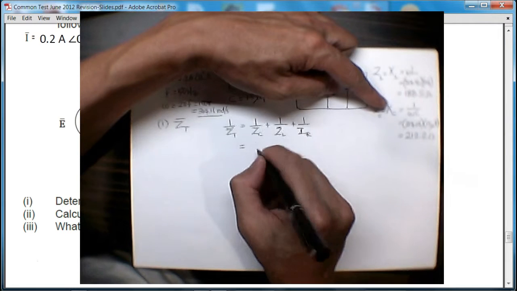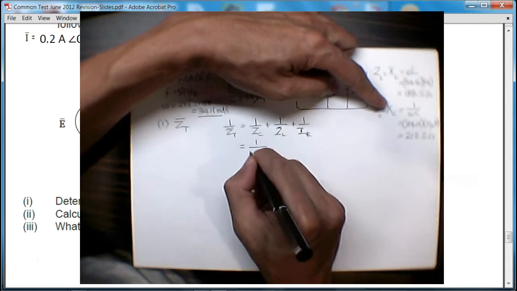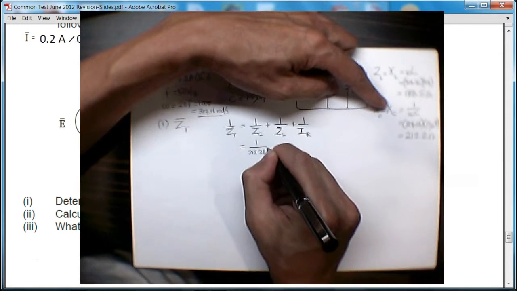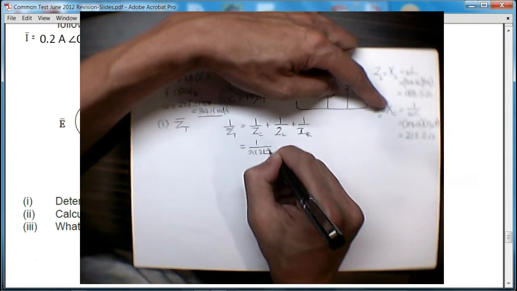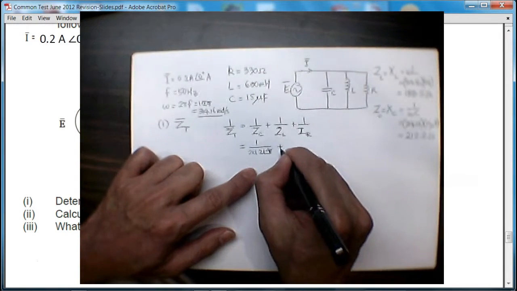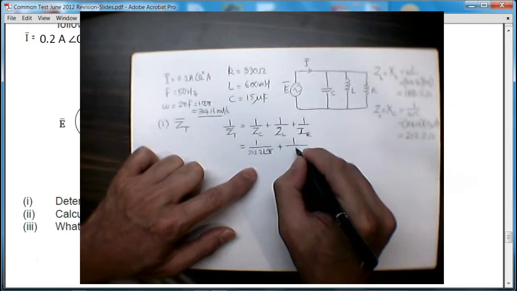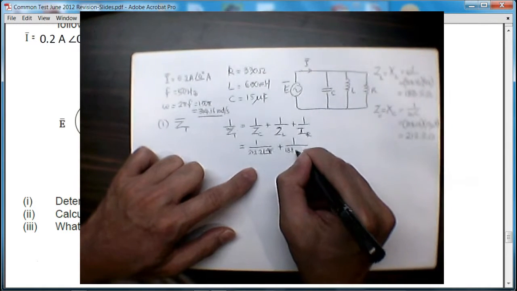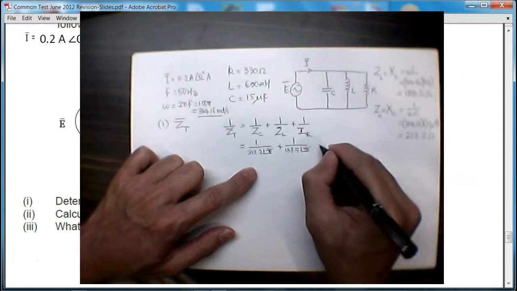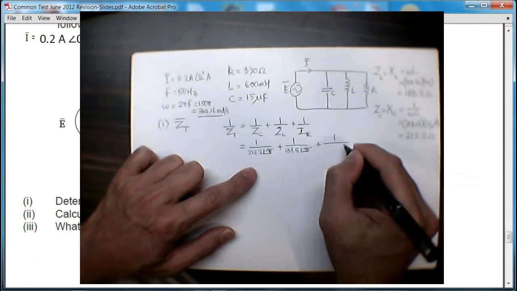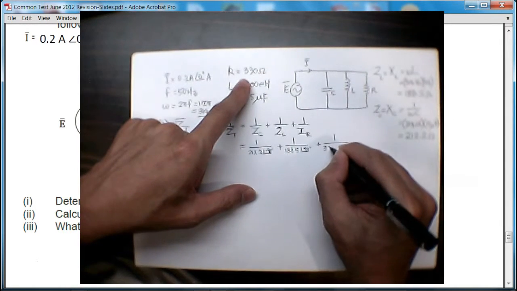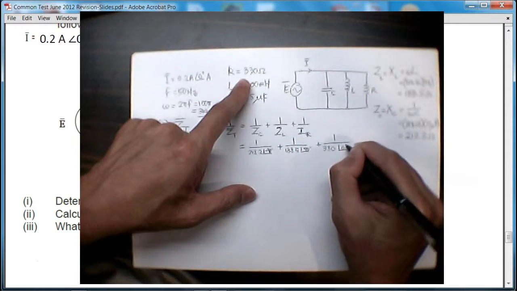I can present it as 1 upon 212.2 with the angle of minus 90 degrees, plus 1 upon 188.5 with the angle of 90 degrees because it's an inductor, plus 1 upon the resistance, so it should be 330 with the angle of 0 degrees.